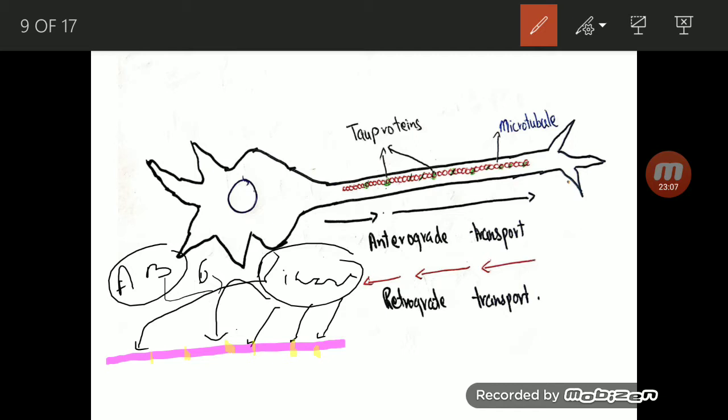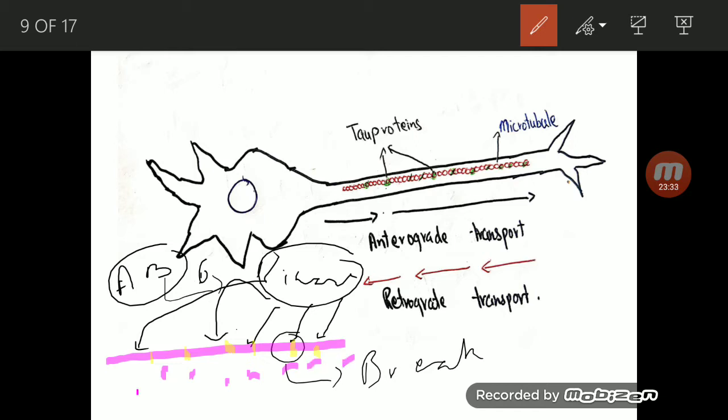So on phosphorylation of your tau proteins, these tau proteins break off from your microtubule highway. When they break away, since they were holding the microtubules together, your microtubules also start to disintegrate.